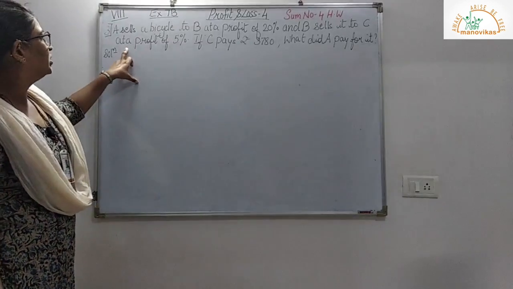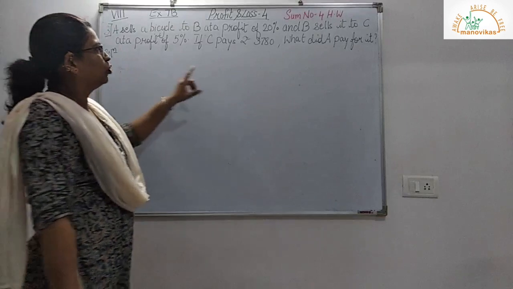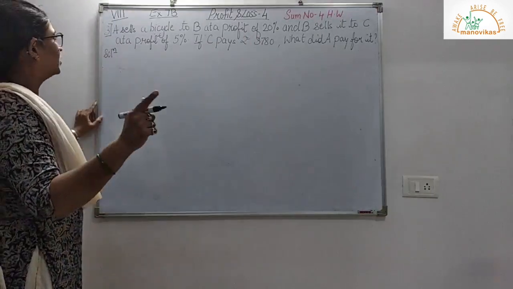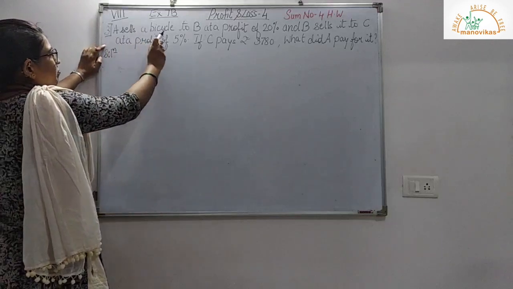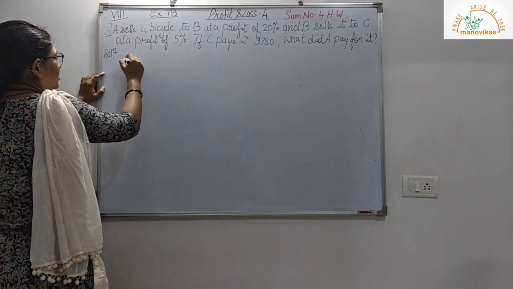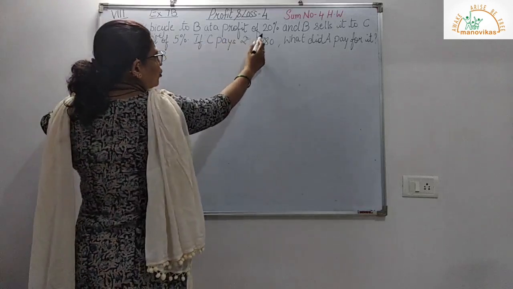Okay, now we proceed with the third sum over here. Third one I will do. Fourth sum is similar to the third one that you can try out for homework. Now in this third sum, A sells a bicycle to B at a profit of 20%.